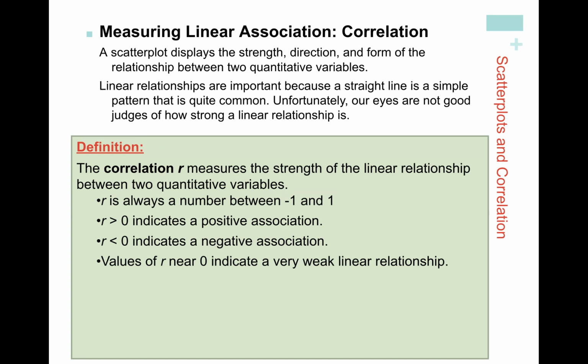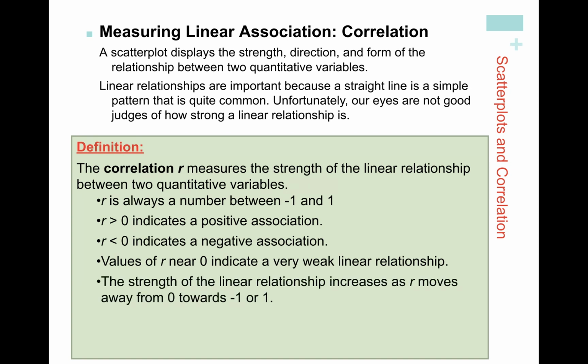Values of r that are close to zero, whether they're negative or positive, indicate a very weak linear relationship. What does very weak mean? It means that the dots are quite far from the line of best fit.